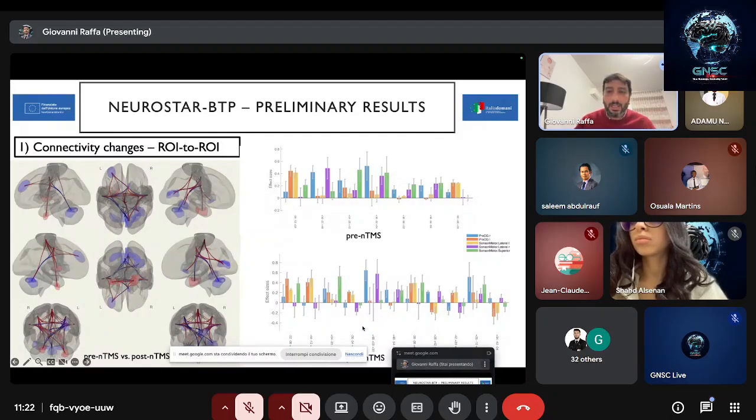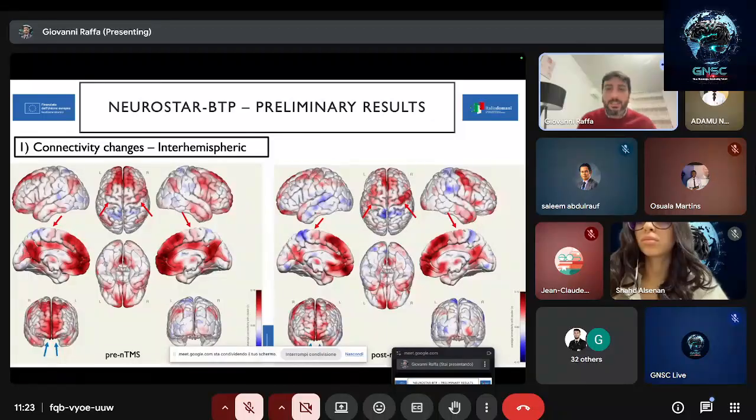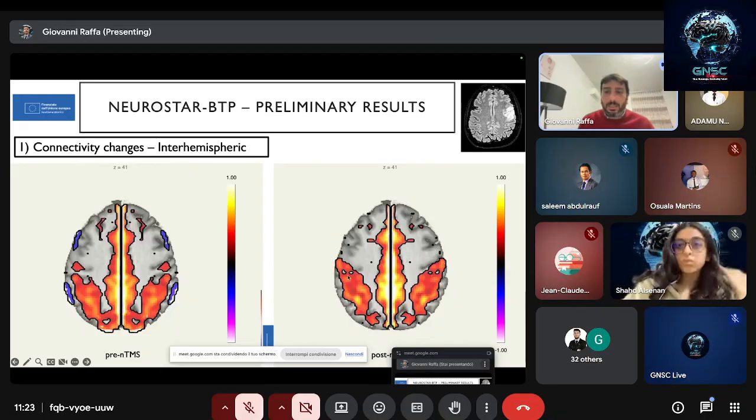There are a lot of changes, especially a reduction in connectivity. So our NTMS was able to modify the connectivity of the brain, and this is the third aspect that we analyzed, the interhemispheric connectivity. You can see pre and post. There is an increase of the interhemispheric connectivity between the two motor networks.